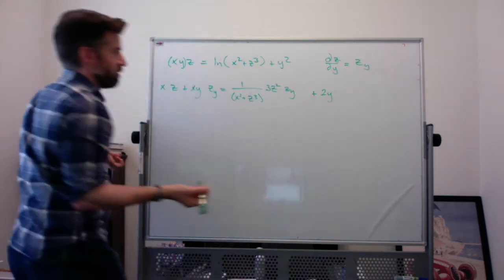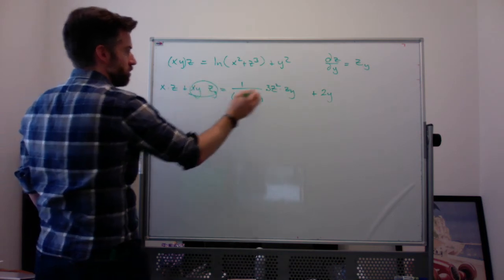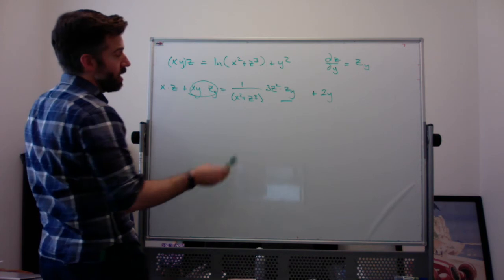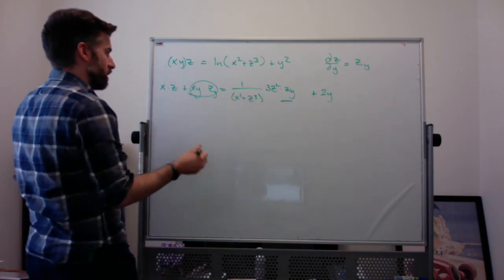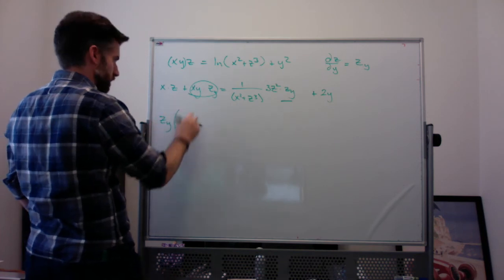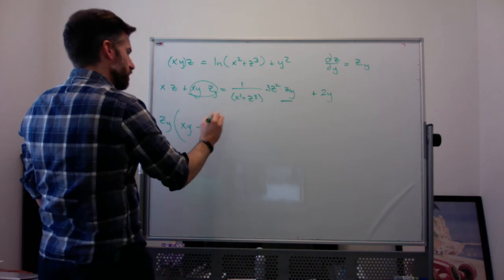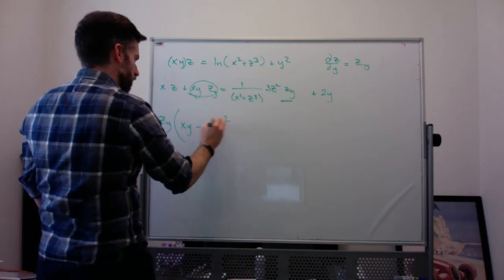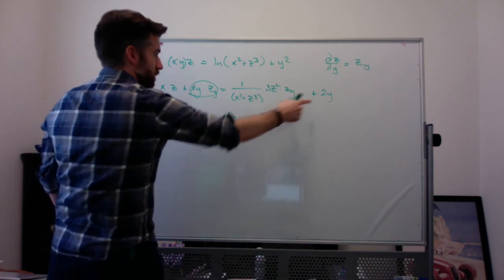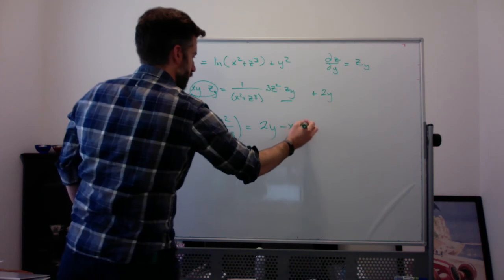So then we do the same sort of algebra. I'm trying to get these terms on the same side, right? All the things with zy. I don't have to distribute here, so I can just bring, say, zy times xy minus all of this without the zy. So that's 3z squared over x squared plus z cubed equal to the 2y that's over here minus the xz from over here.